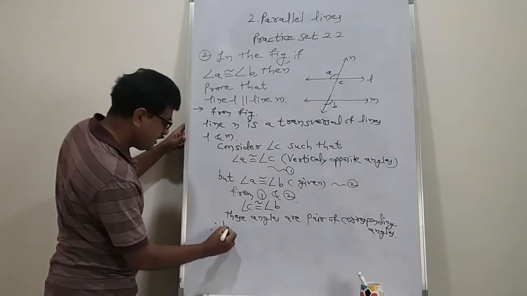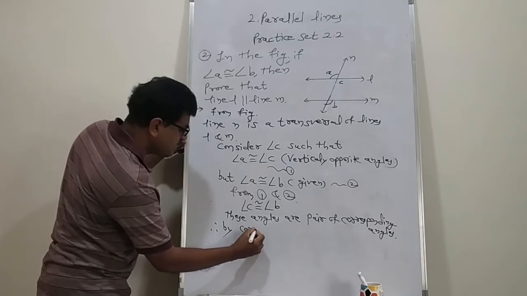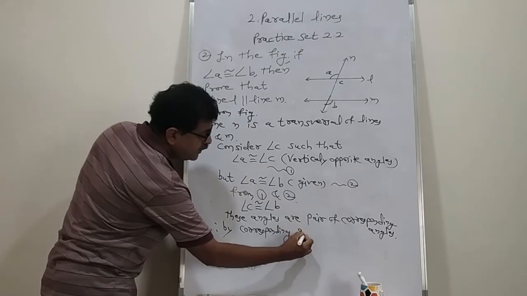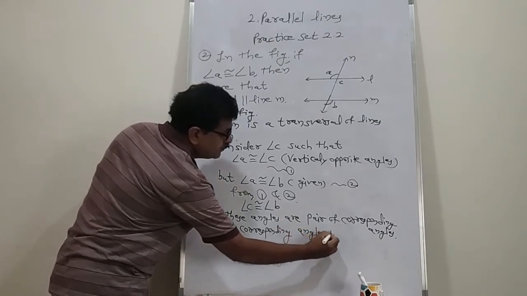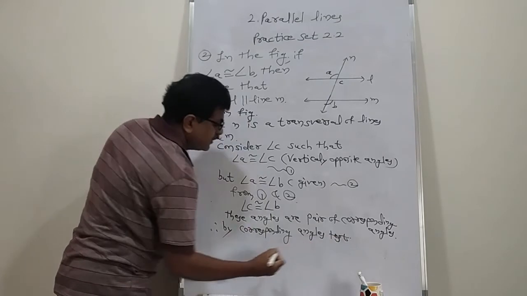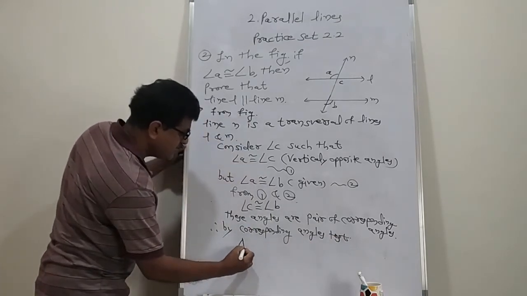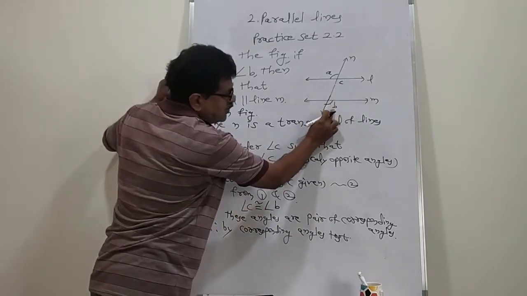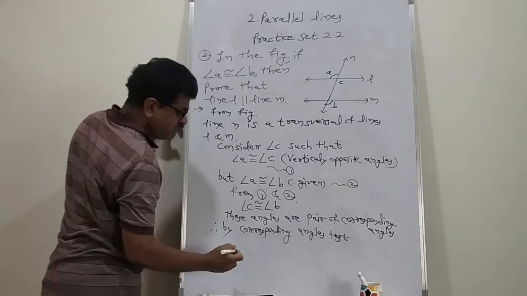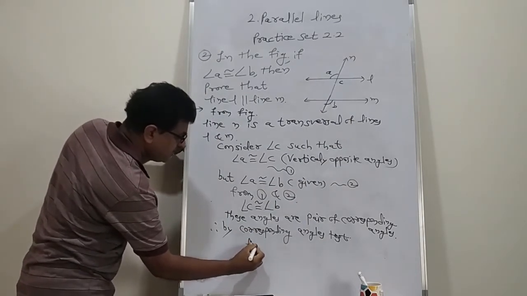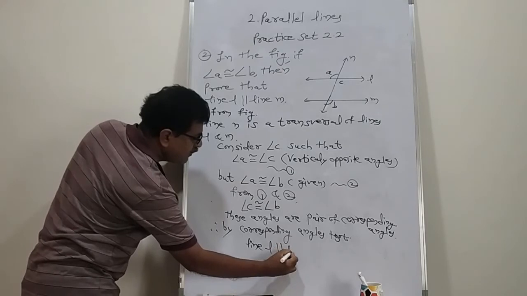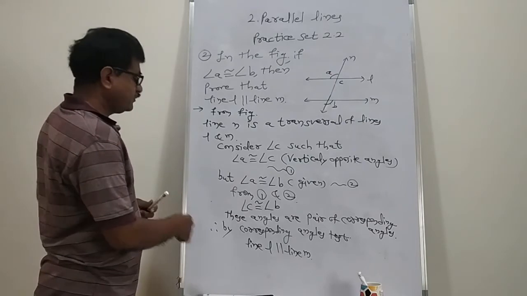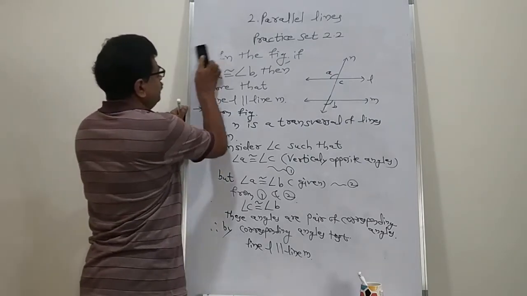Therefore, by the corresponding angles test, these corresponding angles are congruent, therefore these two lines are parallel. Line L parallel to line M. This is its solution.